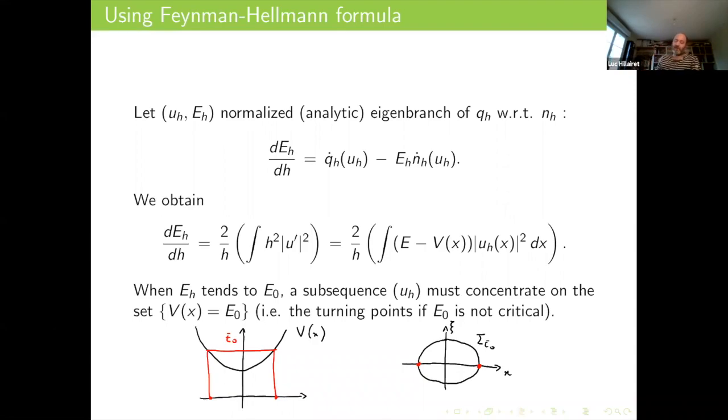And so, as is well known in semi-classical analysis, you can study these questions of concentration or non-concentration by looking in the phase space. And so in the phase space, you have this energy surface, and you want to find concentration on the red dots.